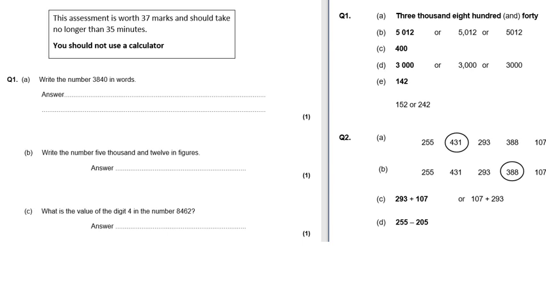Write the number 3,840 in words. I'll put the answer up there so you can see. 3,840. I say "and 40", but the brackets there mean you don't need the "and" if you don't want to. Write the number 5,012 in figures.